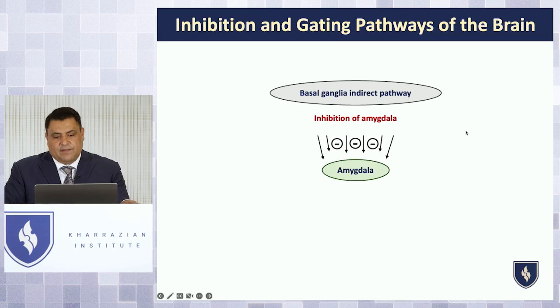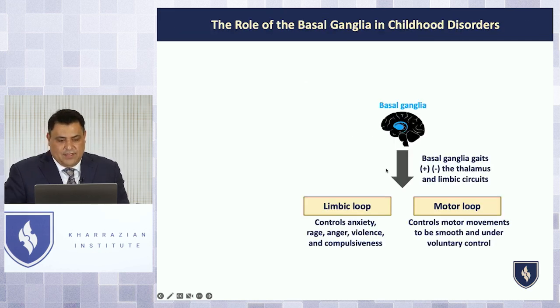So here's an illustration of these circuits. Basal ganglia direct pathway, inhibition of the amygdala, and that will calm down the fear and anxiety at any time and modulate and gate it so it's not disproportionate. Here you can see the basal ganglia motor loop, which we talked about.